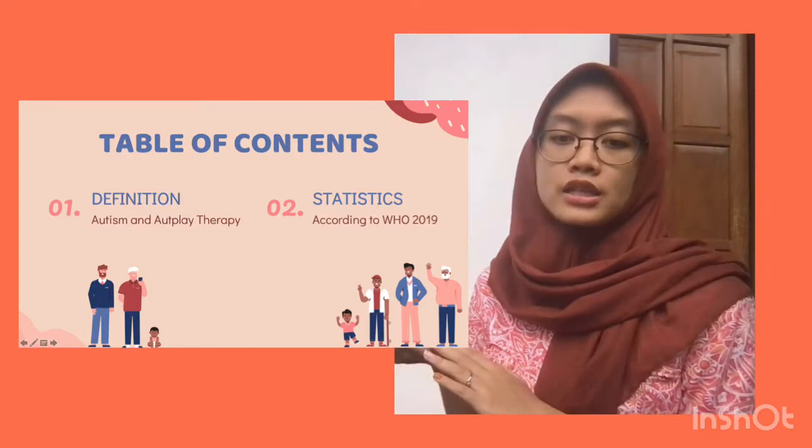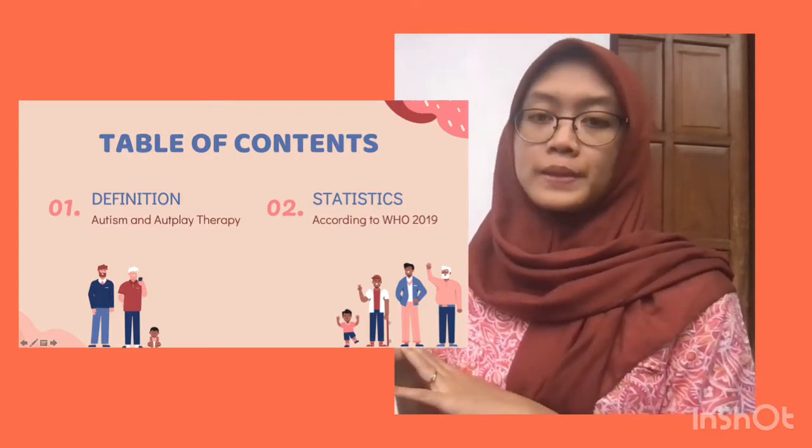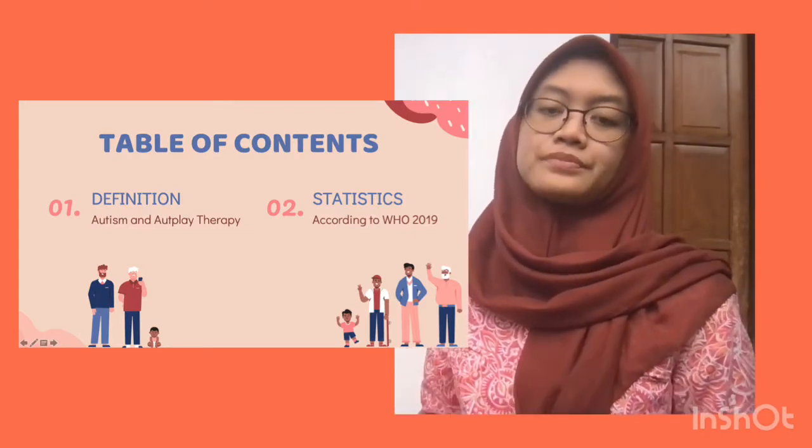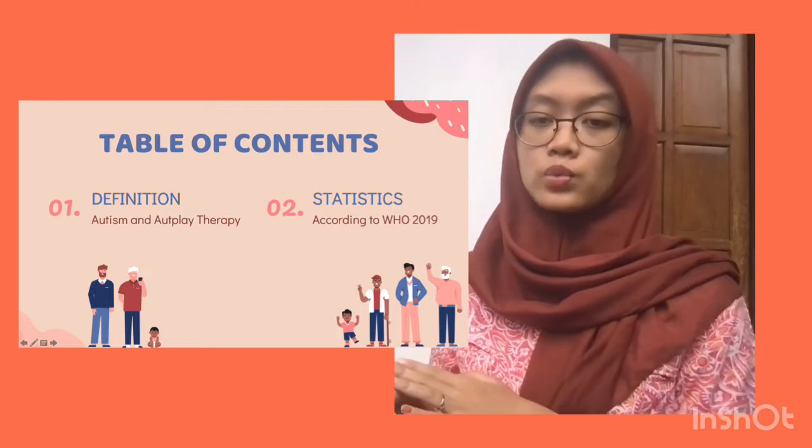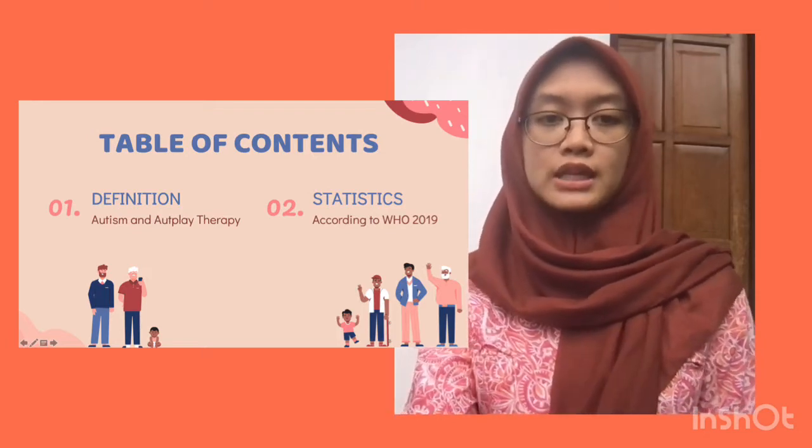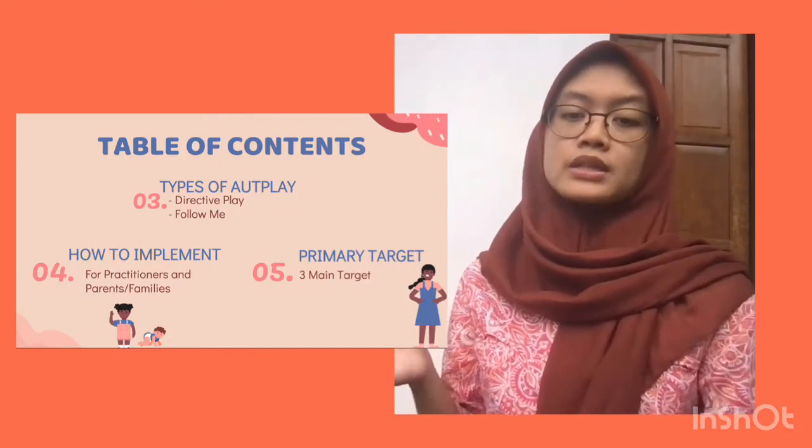Before we start, I would like to tell the topics that we're going to talk about today. I'll start off by telling you the definitions of Autplay Therapy and autism, along with the statistics according to the World Health Organization in 2019. For the next couple of topics are about Autplay Therapy, which are the types of Autplay.